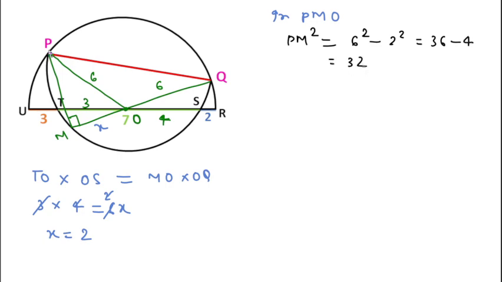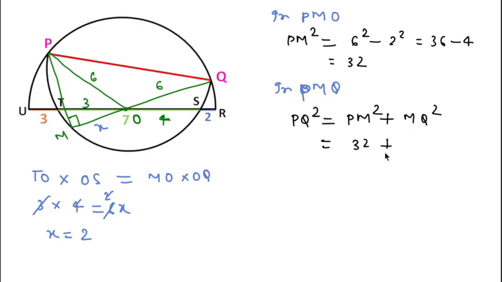Now in right angle triangle PMQ, we can write PQ square equal to PM square plus MQ square, and we have calculated PM square as 32, and MQ length is actually X plus 6 and X is 2, then 6 plus 2 is 8 and 8 square is 64, so 32 plus 64, which is equal to 96.